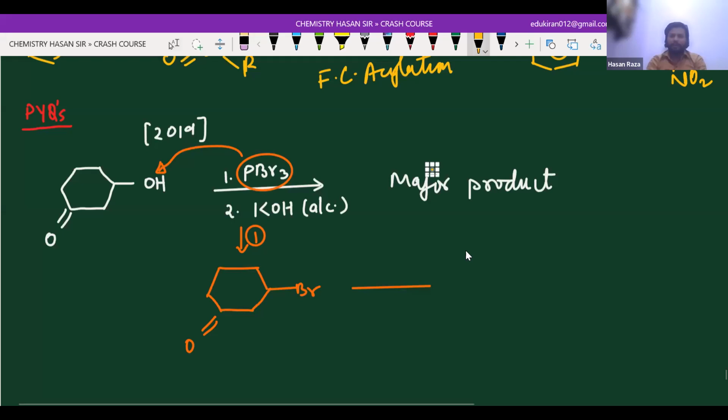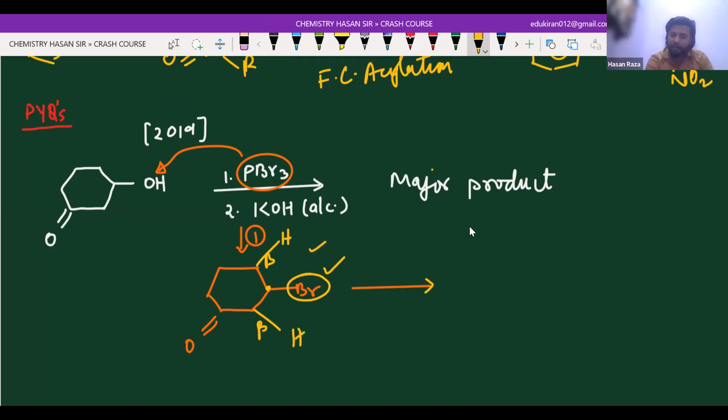In the second step, you are going to use alcoholic KOH, that means beta elimination. If you remember, this is your beta and this is your beta. That means two products will be there. Bromine from here and hydrogen from here can be eliminated.